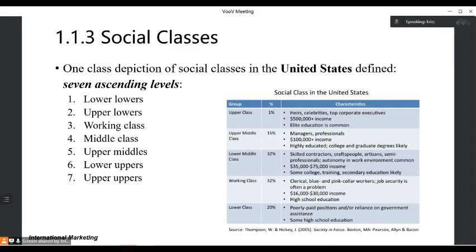So if you are a manager of the board of a company and you want to sell your product, you should make sure which level your product belongs to.